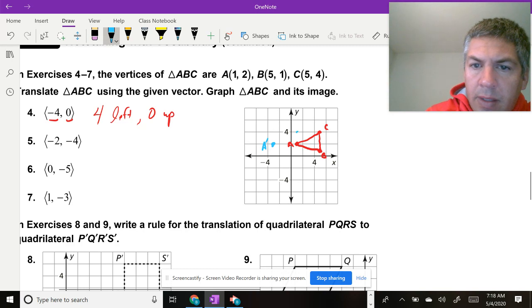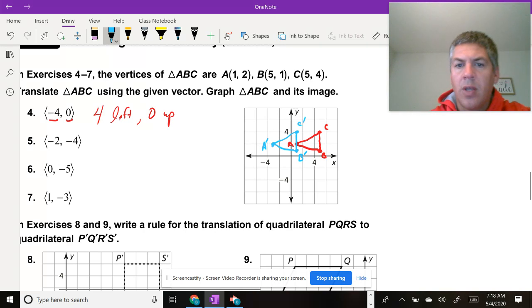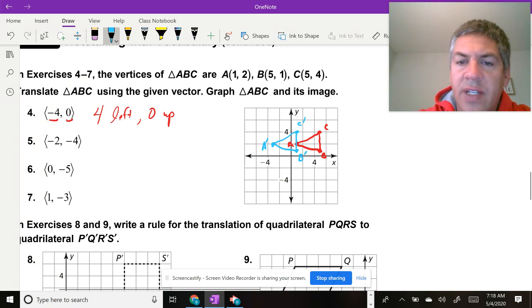It's going to be right there. C prime, and B is going to be also right there, right about here. So this particular triangle moves 4 left and 0 up.